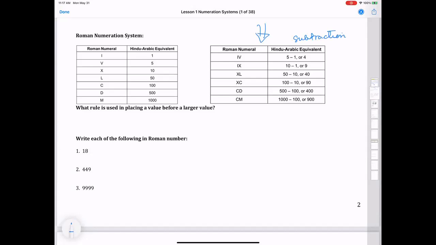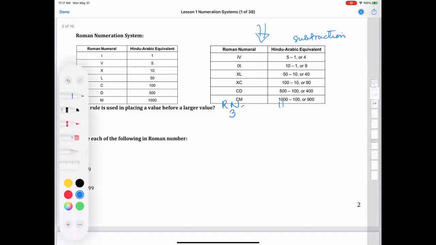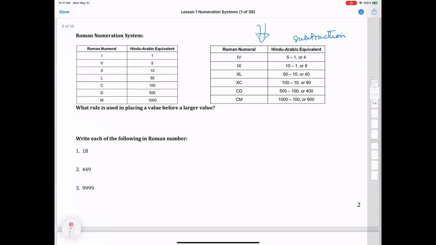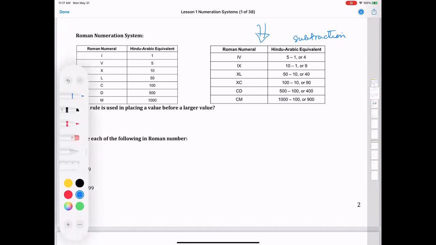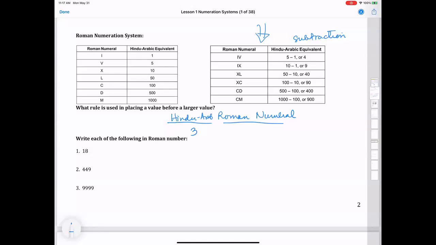Let's see why. If I want to represent 3 in Roman numerals, 3 is considered to be 3 strokes, and that 3 is represented by 3 I's.